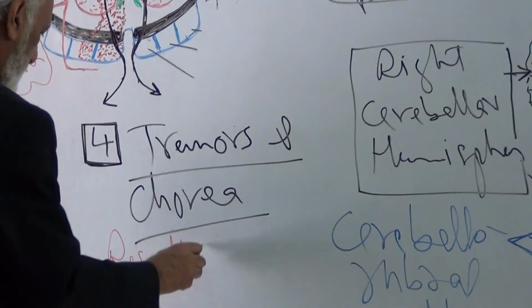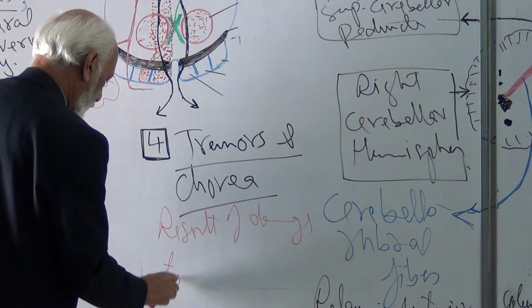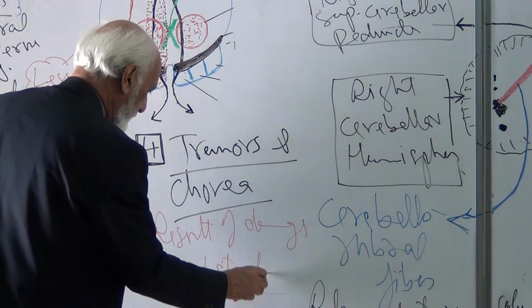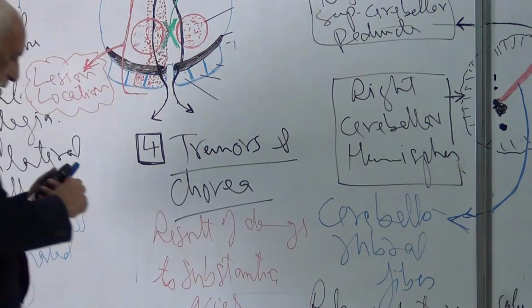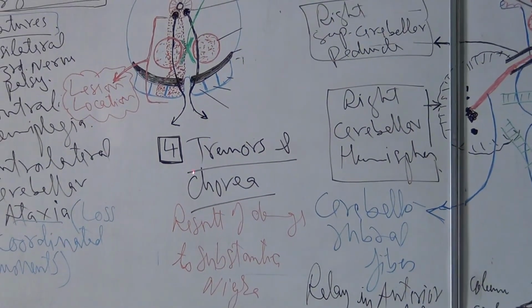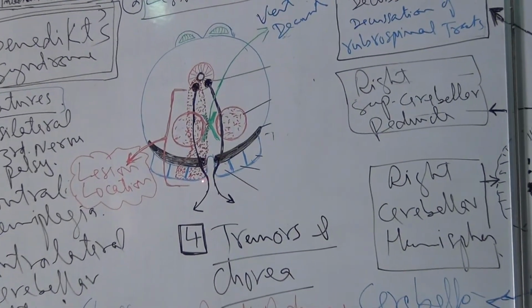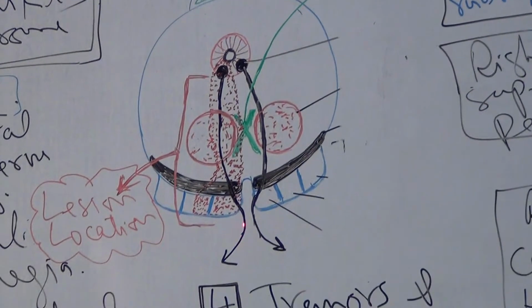It is the result of damage to the medial most part of substantia nigra. So damage to the descending tracts, we discussed the damage to the oculomotor nerve nucleus and oculomotor nerve fibers.